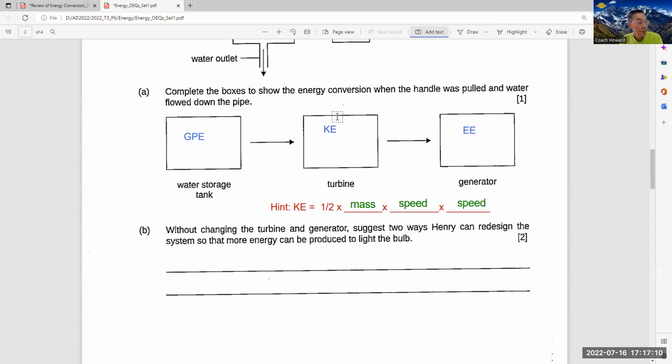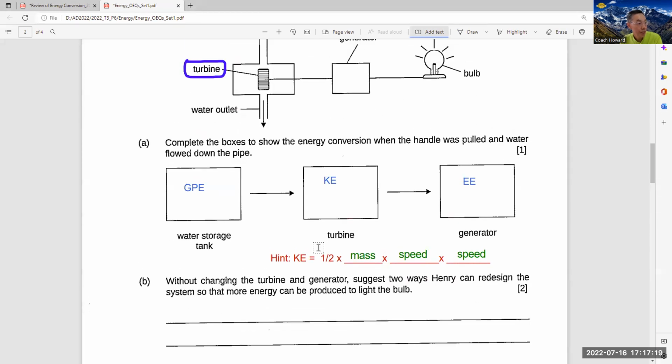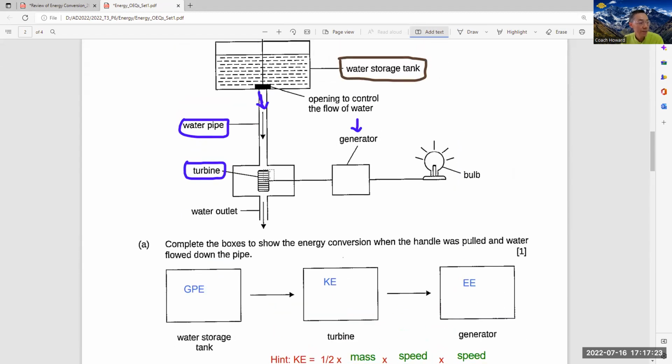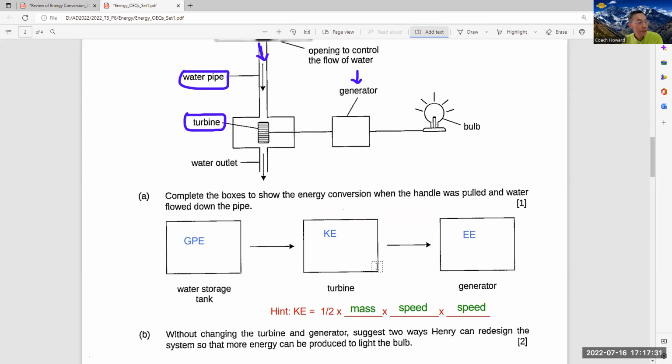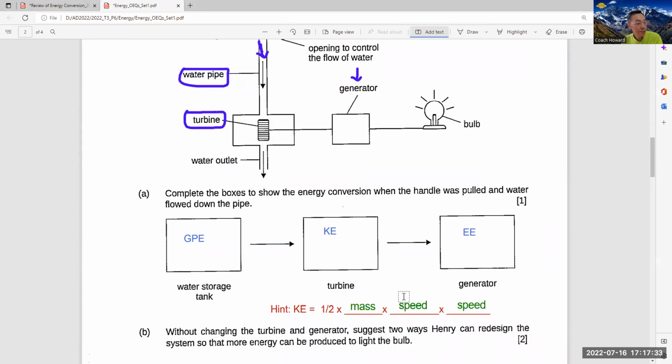So now, without changing the turbine and generator, suggest two ways you can redesign so that more energy can be produced. You look at this. I want to increase the kinetic energy of the water that flows down. So one of the suggestions is what? Actually, another way without using this formula, just now we studied GPE, right?